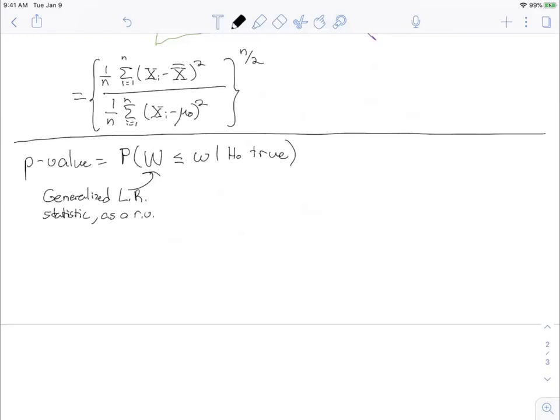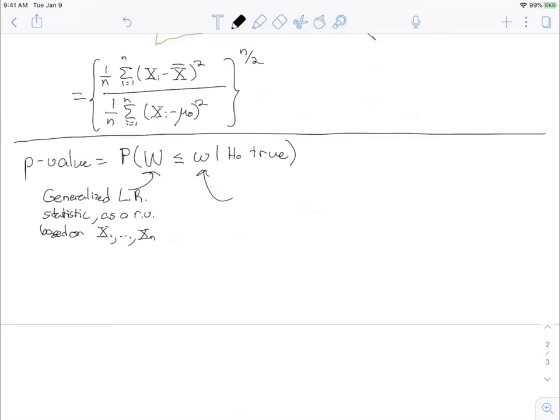So that means it's going to be based on capital X1 through capital Xn. And basically we're thinking about how could the value of this generalized likelihood ratio statistic change across samples.